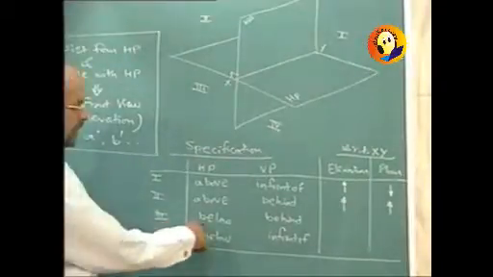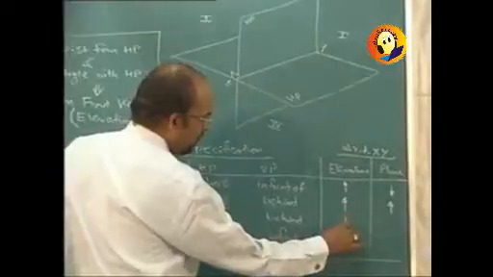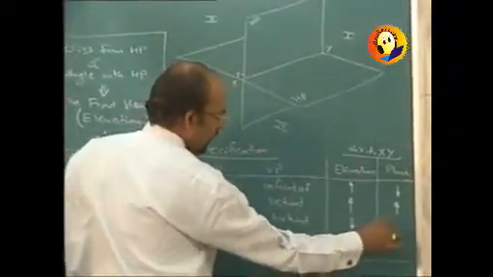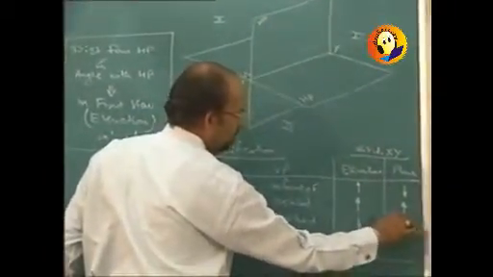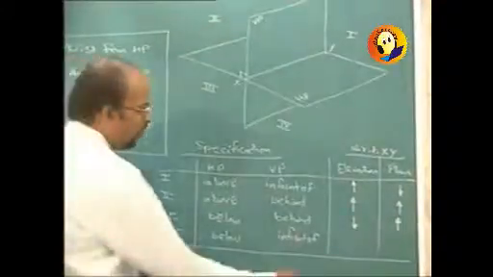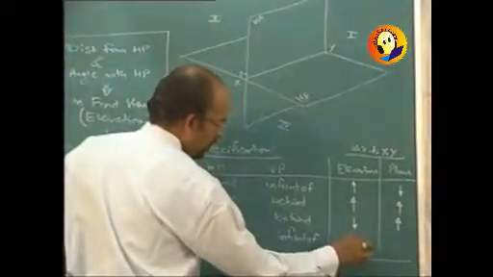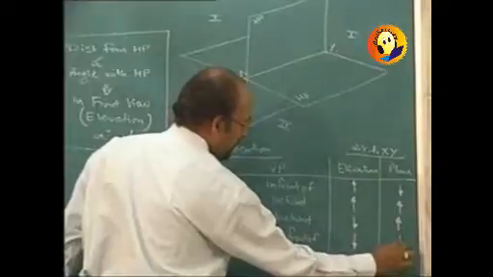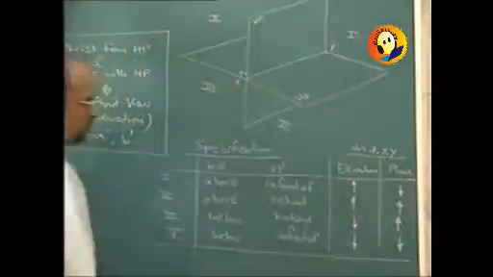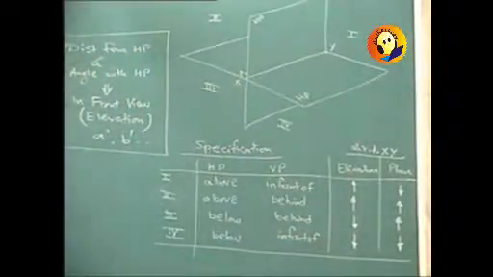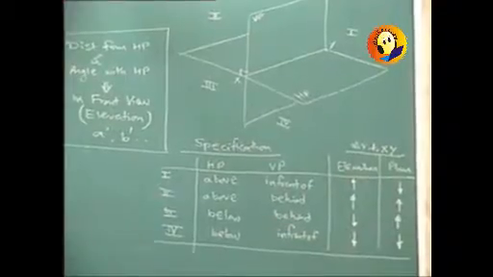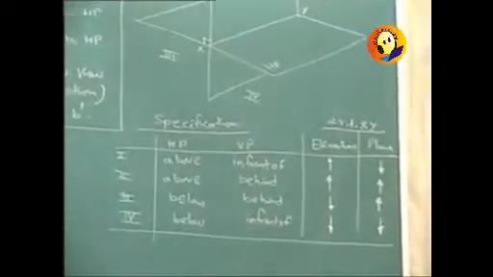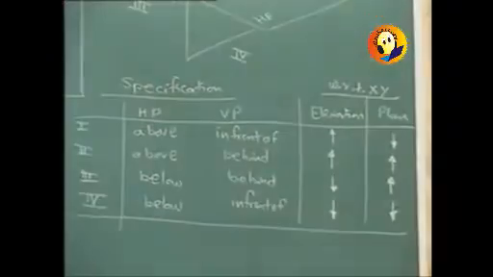Quadrant 3, that is below HP and behind VP, elevation will be below the XY line and plan will be above the XY line. Whereas in quadrant 4, elevation will be below XY and plan will be below XY. This has to be remembered, otherwise we cannot proceed further.